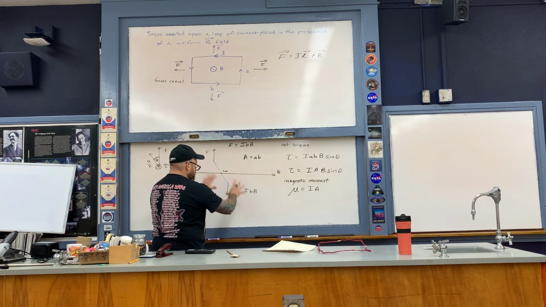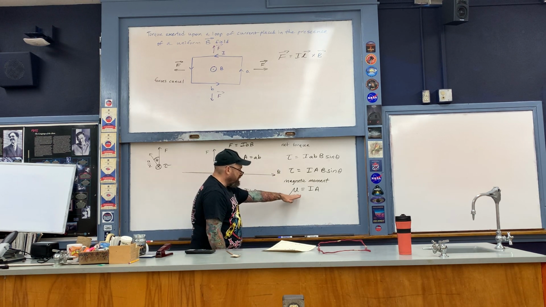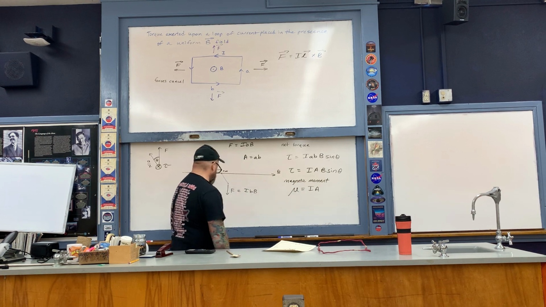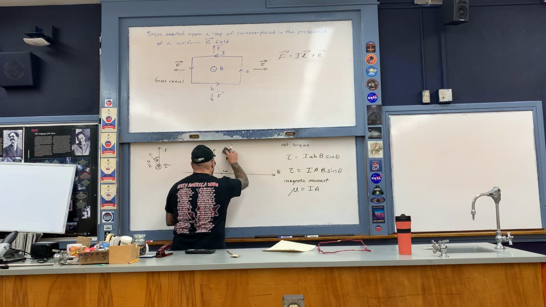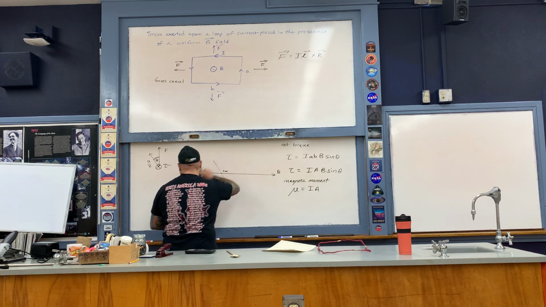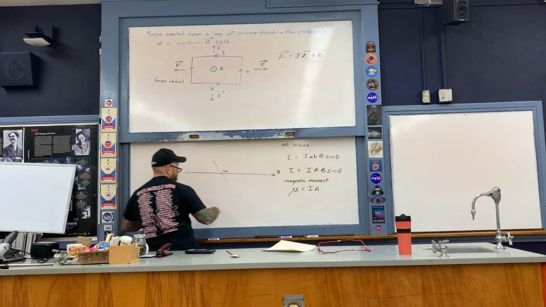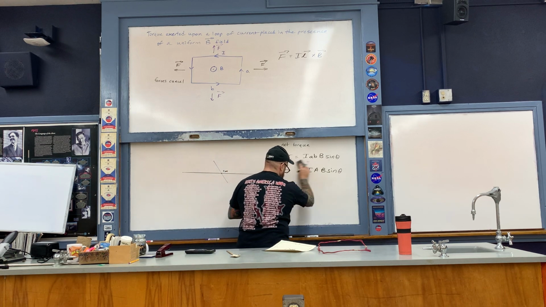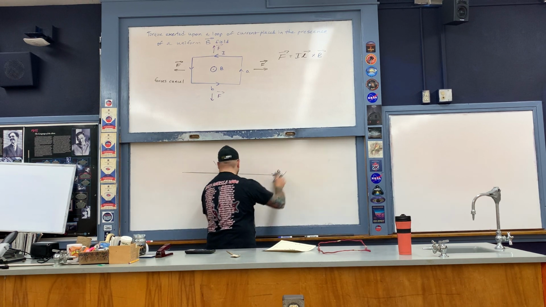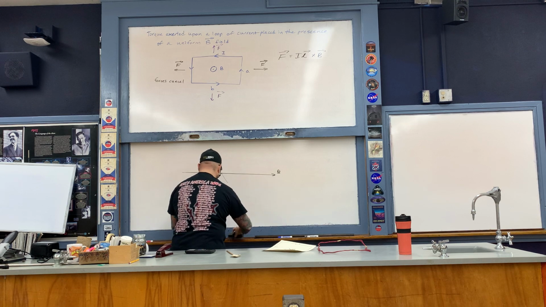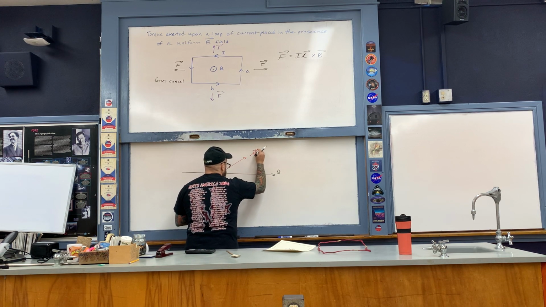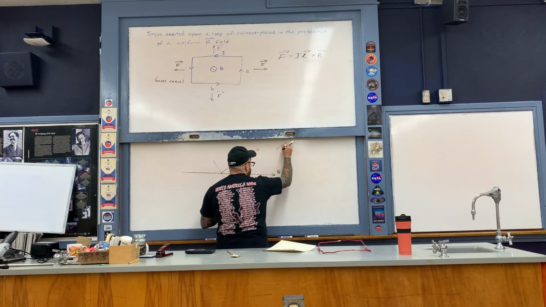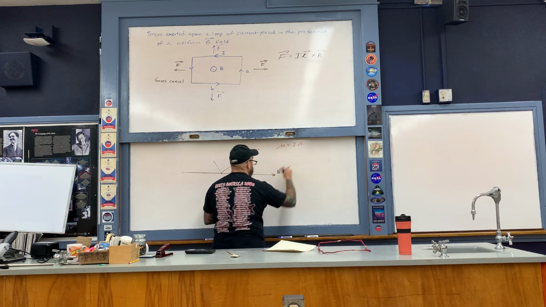So on this diagram, the magnetic moment vector mu looks like this. Right here is the mu vector, once again the magnitude of which is I times A.